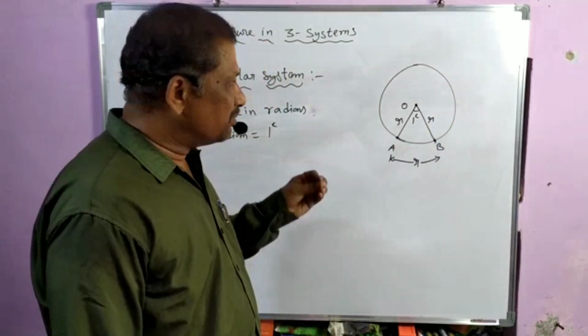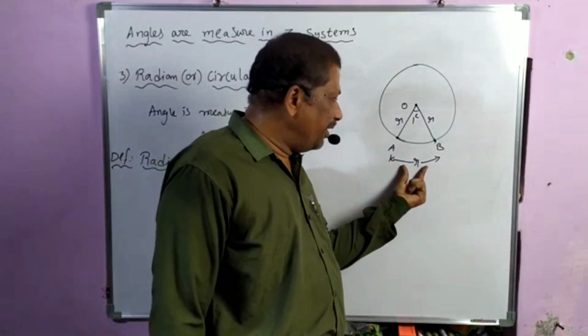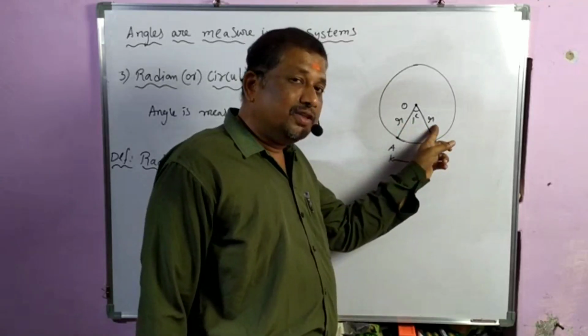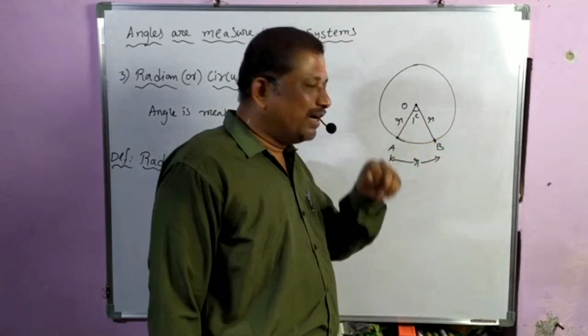The angle subtended by, or the angle made by, an arc whose length is equal to the radius of the circle is called 1 radian.